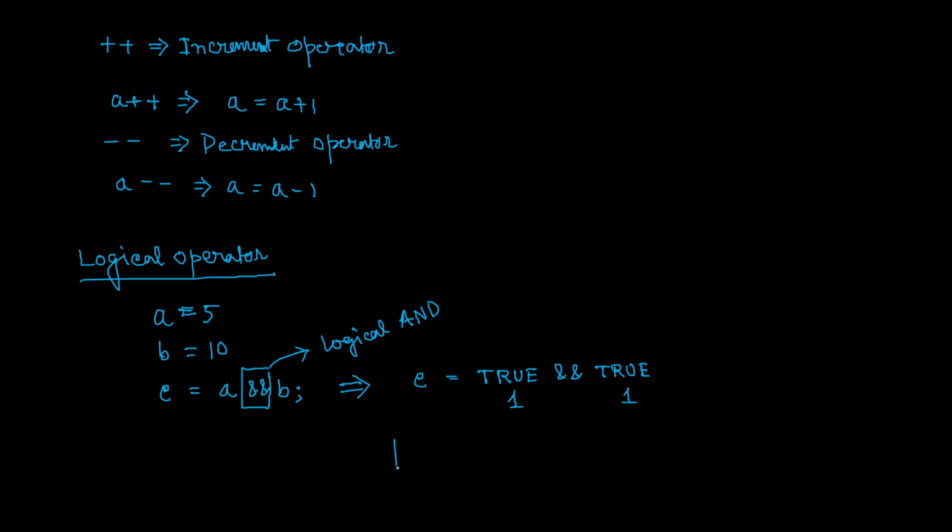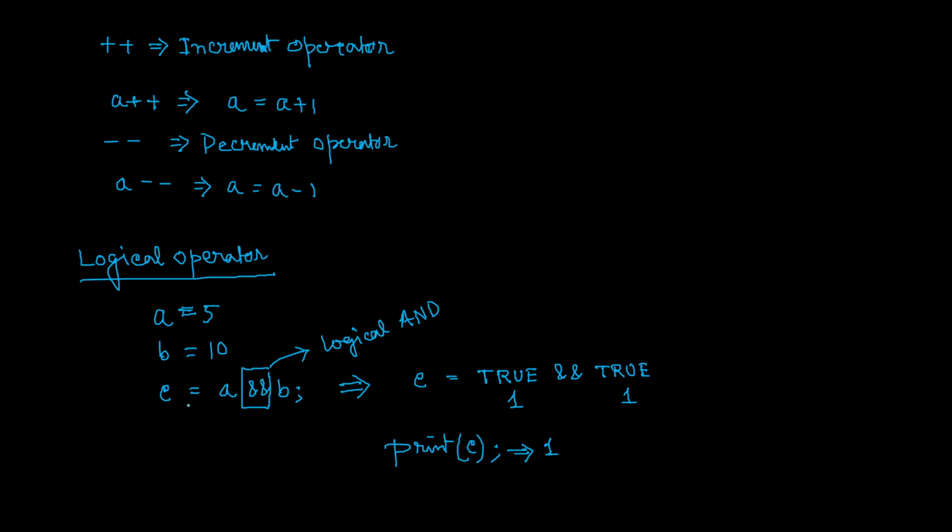That means if you print the value of c, you will get output as 1, because if both of the inputs are true, then the output will be true, which is represented by 1. So in this type of problem, if you find a logical operator is given, then don't check the exact value of the operands present in that line. Always think whether these two operands are 0 or non-zero. That's important. Depending on that, c will have either 0 or 1.